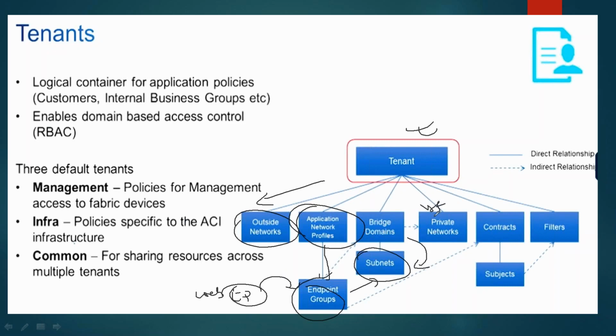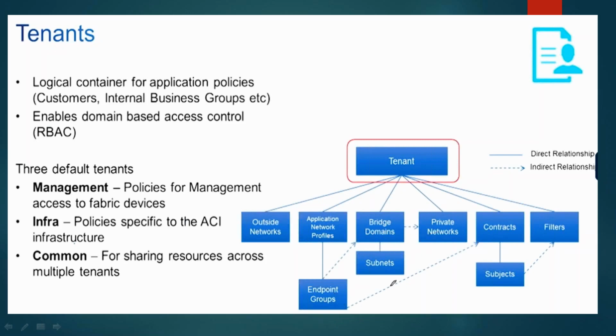They may be part of VRF. Yeah, that's an indirect relation. And then if you have different endpoints, say a web endpoint group and an application endpoint group, they will communicate with respect to contracts. So inside contract, I have subject and filter.